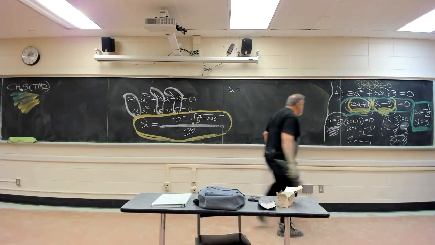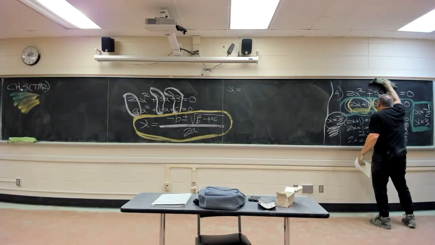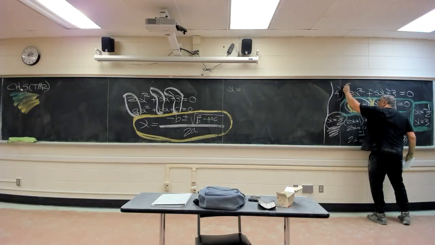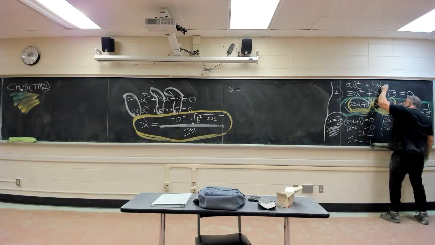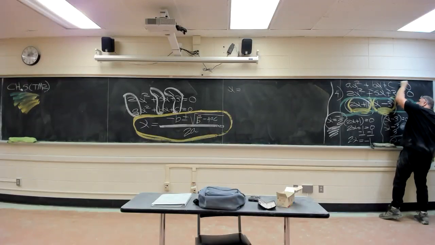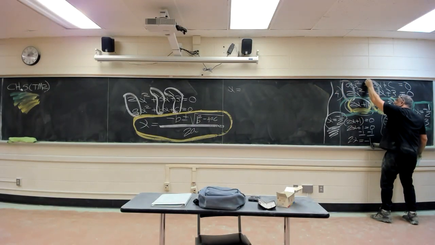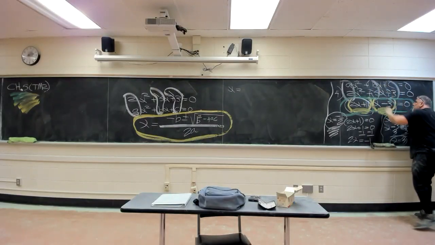Looking at ax squared plus bx plus c equals 0, the a is the 2, the b is the negative 5, the c is the negative 3.